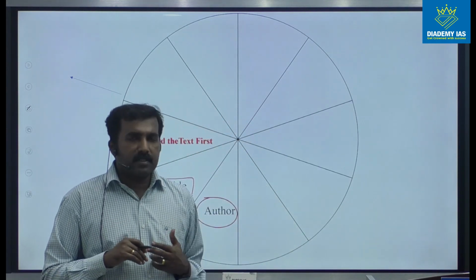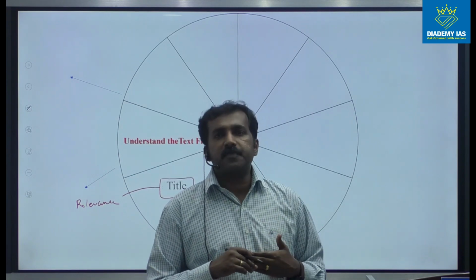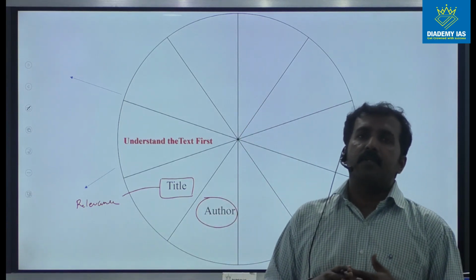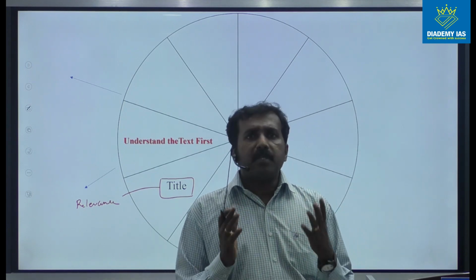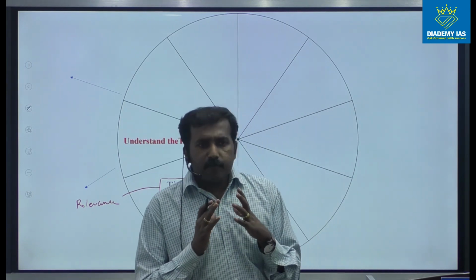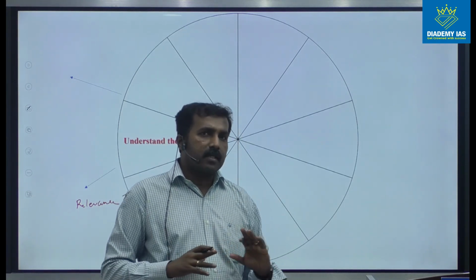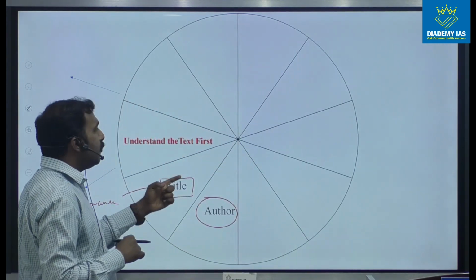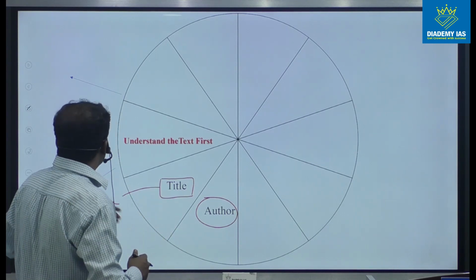So that's very important. About William Shakespeare, about William Wordsworth, about Henrik Ibsen, about T.S. Eliot, you have to understand all these authors. First understand and write something about the author. So that is the next important step you have to notice when you prepare notes for optional.